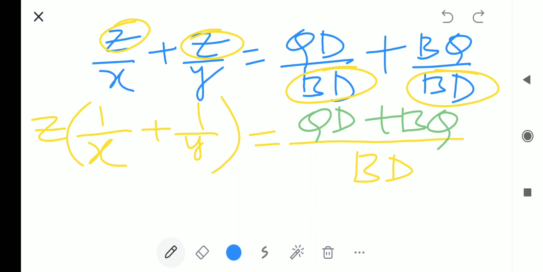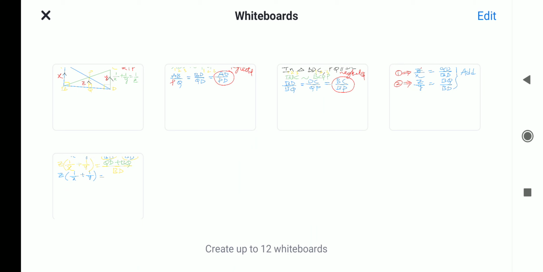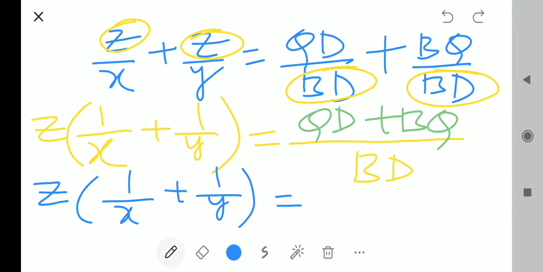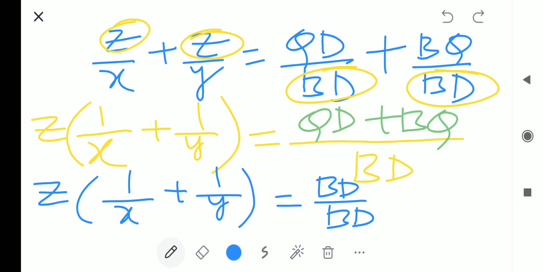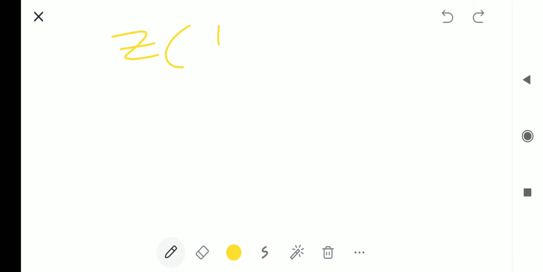The left hand side has no change: Z into 1 by X plus 1 by Y is equal to QD plus BQ, or BQ plus QD. According to the figure, BQ plus QD is BD. So I can write BD by BD. The numerator and denominator are the same, so cancelling, we get 1. Z into 1 by X plus 1 by Y is equal to 1.